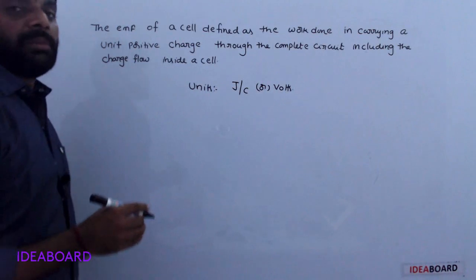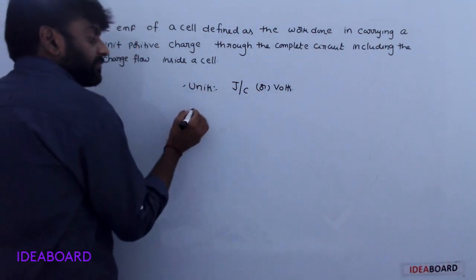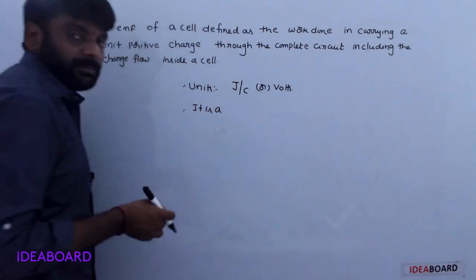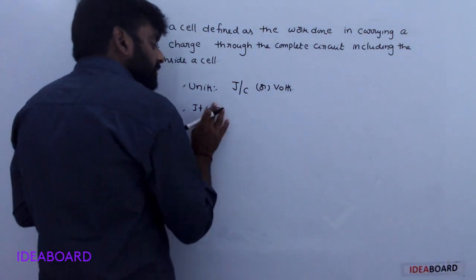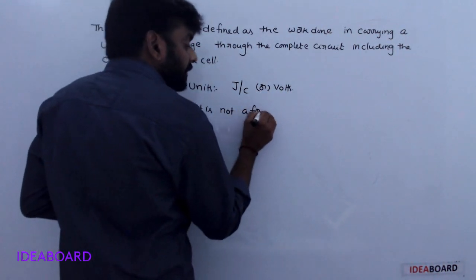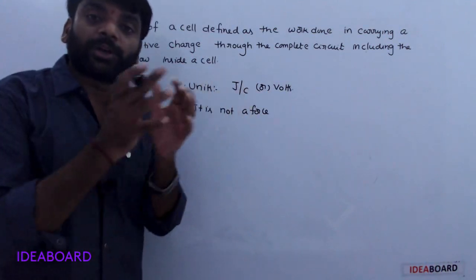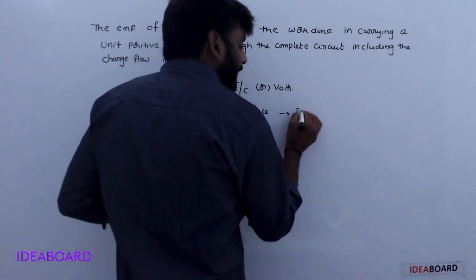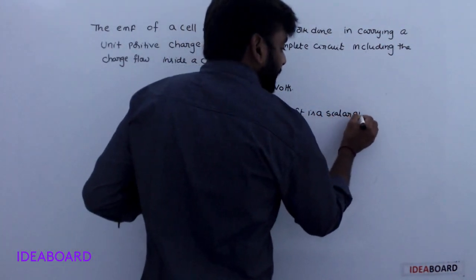It is work done per unit charge. So it is not a force, even though it is called electromotive force. That is work done per unit charge, so it is a scalar quantity.